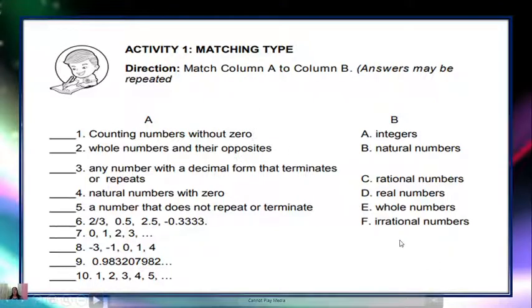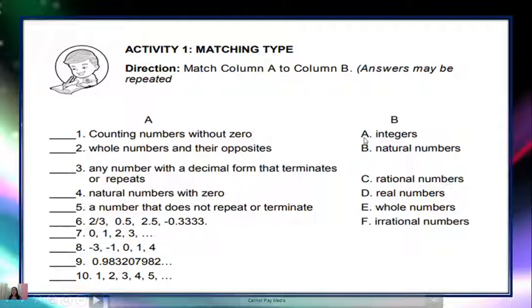Let's have a recall. When I say integers, it is composed of what? Negative numbers, 0, and whole numbers. What are those whole numbers or counting numbers? 1, 2, 3, 4, 5, and so on. Natural numbers is what we call counting numbers.